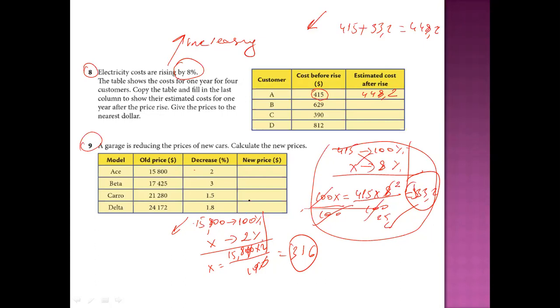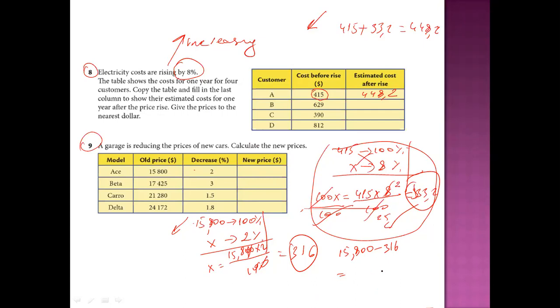And after a year, it's reducing or decreasing. How can we do that? The original number was 15,800 minus or subtract 316 is equal to, okay, that's right here.